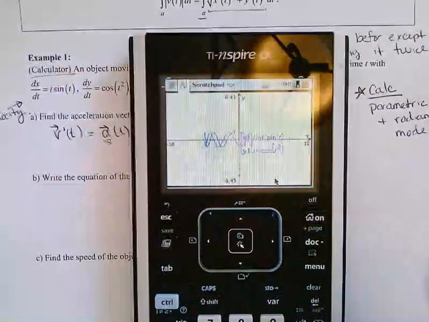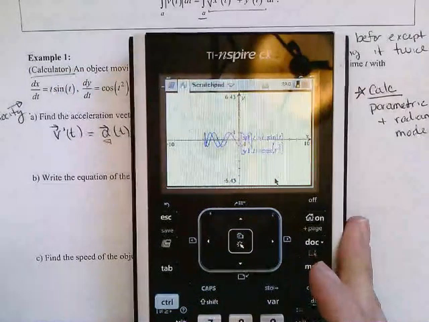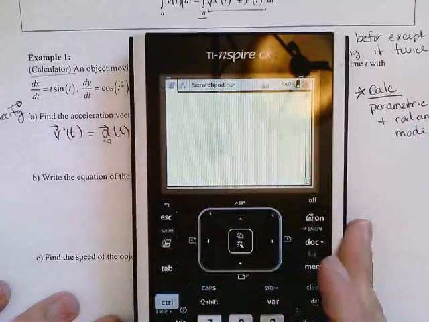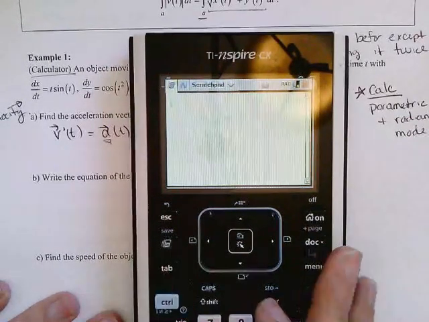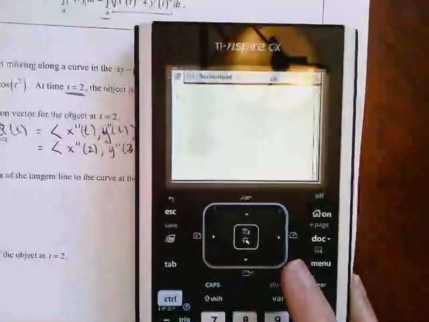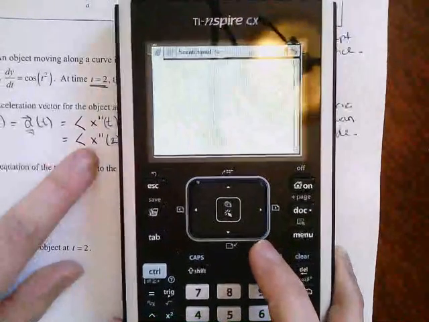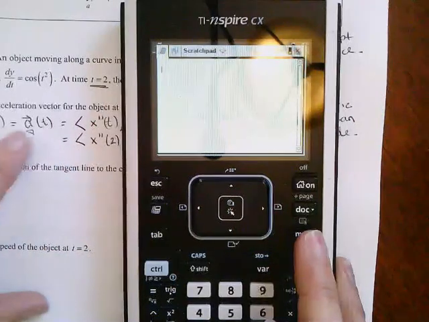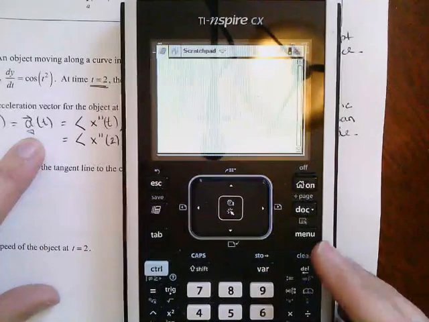I really don't care too much about the graph right now because I just want to use these functions in order to evaluate. So I'm going to go back to my calculator screen, okay, and I want to evaluate the second derivative of the position, which is the derivative of the velocity. And I plotted the derivative of the velocity.